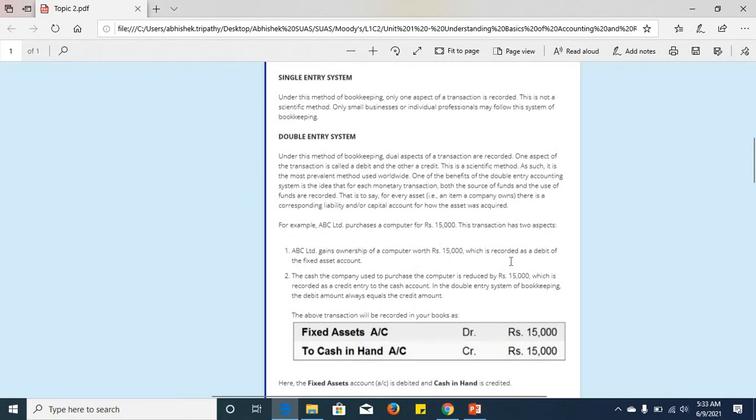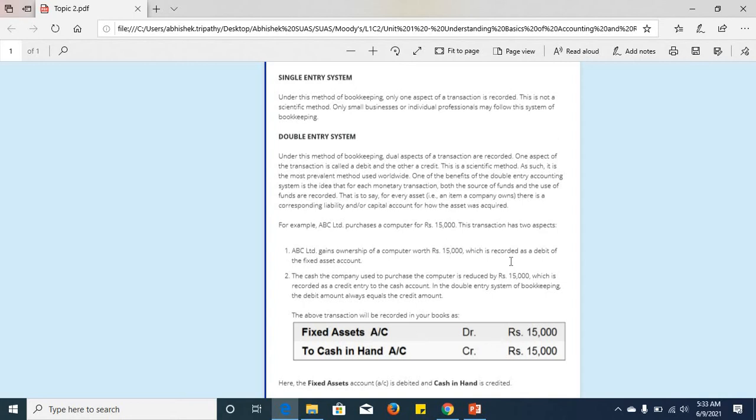So, the double entry accounting system is a more scientific method. It notes the two aspects of any transaction, the sources of funds and the uses of funds. According to this method, every asset has a corresponding liability or capital account attached to it.